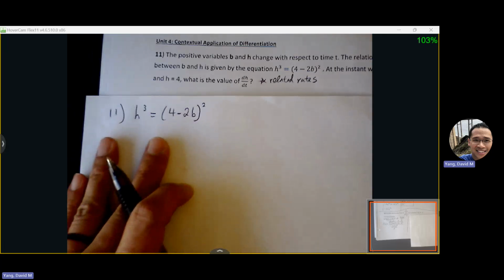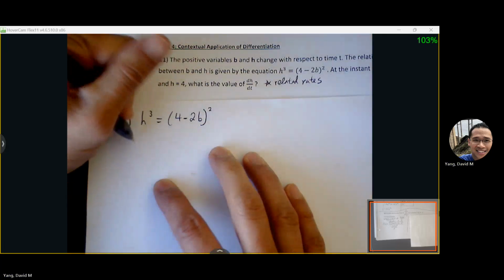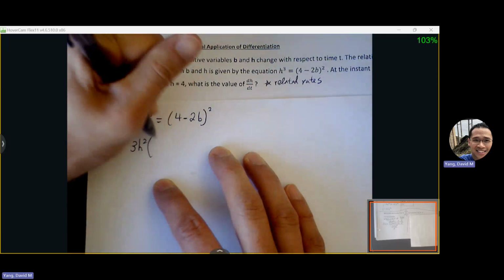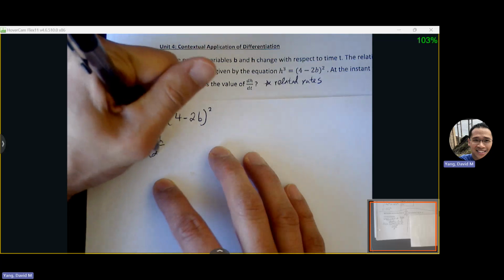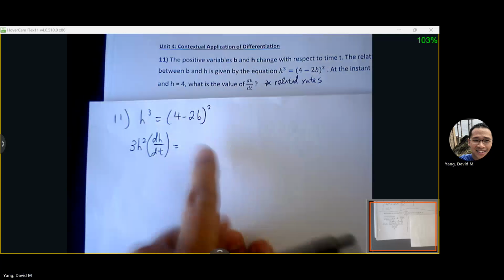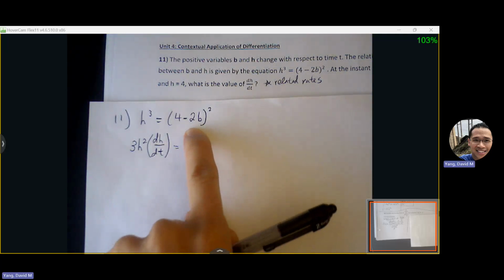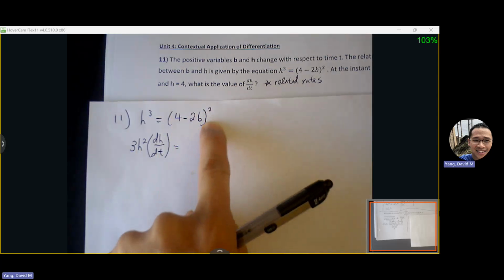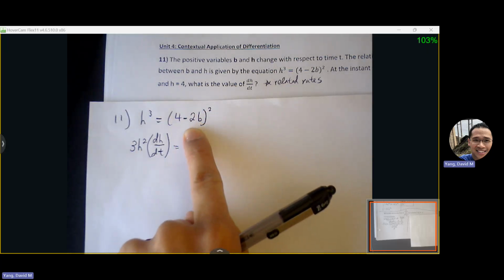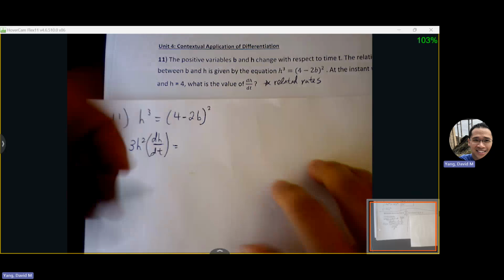Okay, so we're going to find derivative like we normally would. H cubed will simply become 3h squared, but we need to attach dh dt since time is impacting every variable. Now this side, what rule do we have to go through to find the derivative for this setup? Chain rule, yeah.